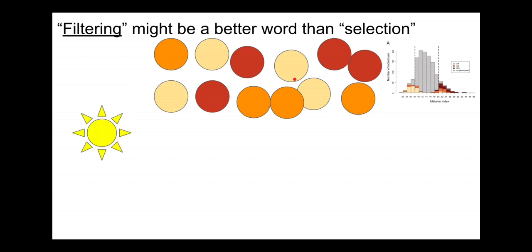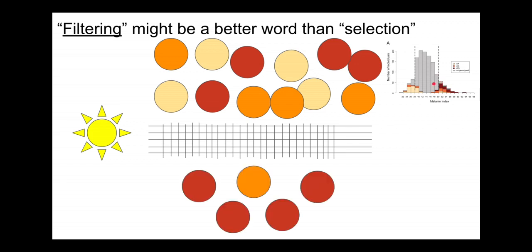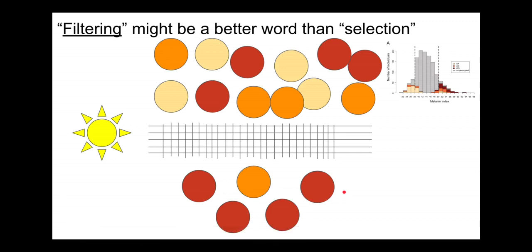Now, in a sunny environment, we can imagine that the environment is filtering for more darkly skinned individuals, individuals that will be able to carry out metabolic processes efficiently, individuals that won't be susceptible to skin cancer. So the environment is going to filter out the lighter skinned individuals over time, and only individuals that are relatively darkly skinned are going to survive, produce healthy offspring, produce many offspring.